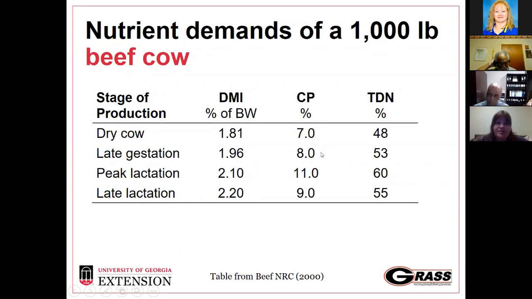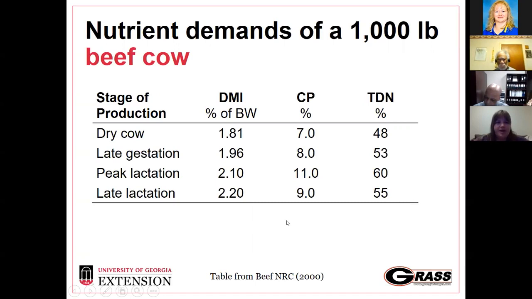Same way with crude protein, dropping back off in late lactation. And again, with TDN, which is usually our most limiting nutrient here, this would be the minimum they require. So we go from 48 up to 60 and then start to taper back down once they enter late lactation.